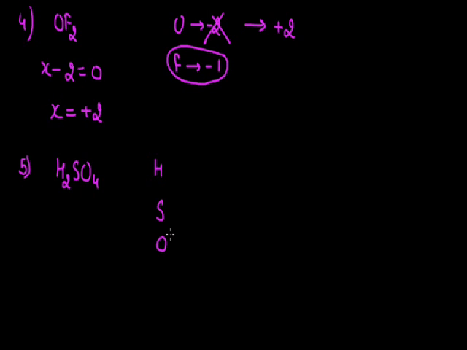Out of hydrogen, sulfur and oxygen, hydrogen generally shows +1 oxidation state according to the table. Oxygen shows -2 oxidation state according to the table, and sulfur shows -2 oxidation state according to the table.